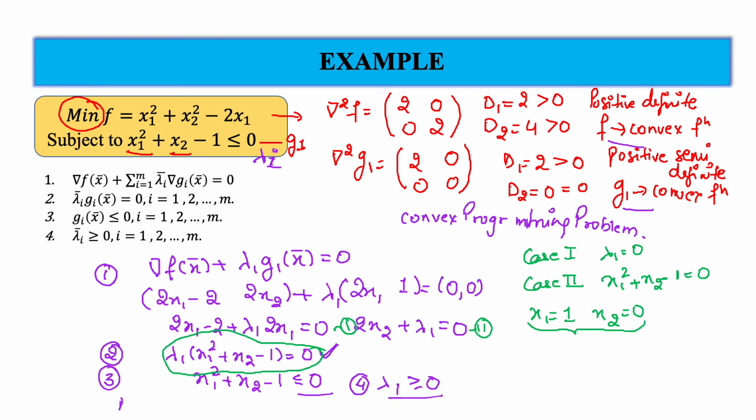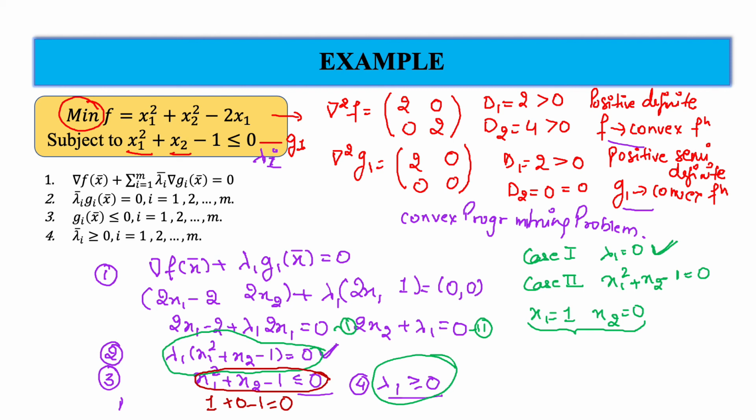Now we will check whether this point satisfies all the 4 conditions or not. Lambda 1 is 0 for case 1, so this condition is satisfied. Next, if you put x1 equals 1, this will be 1 plus 0 minus 1 equals 0, which satisfies this condition also. Next, this condition is already satisfied because lambda 1 equals 0.